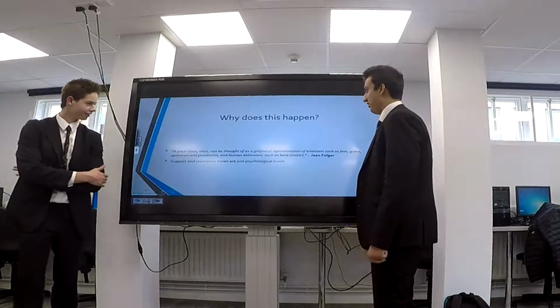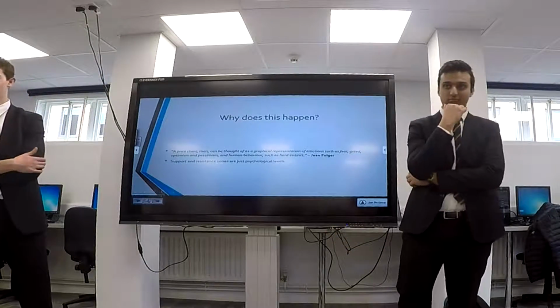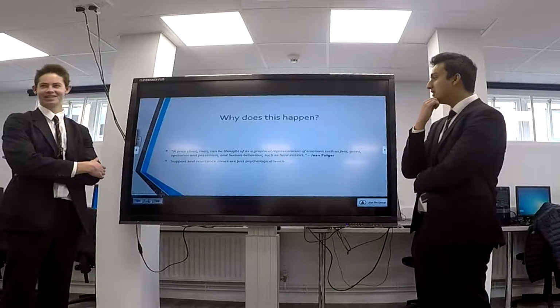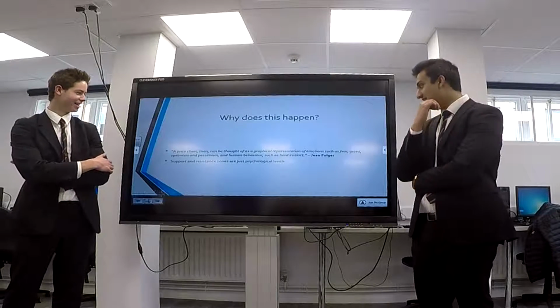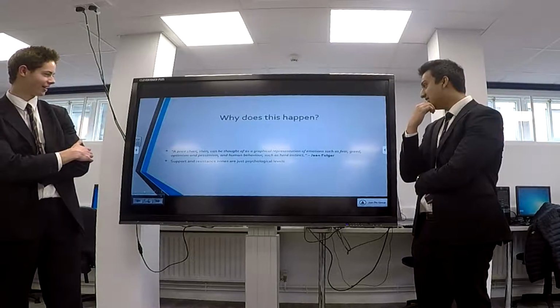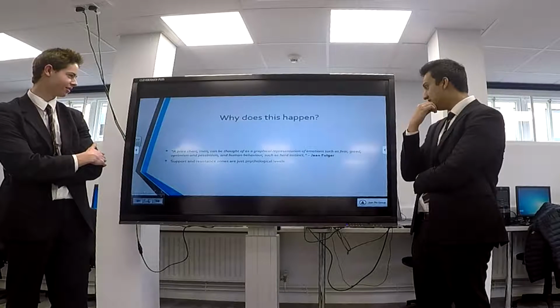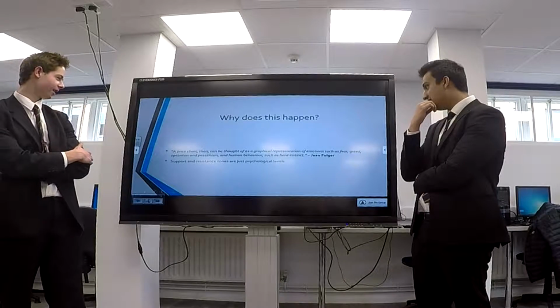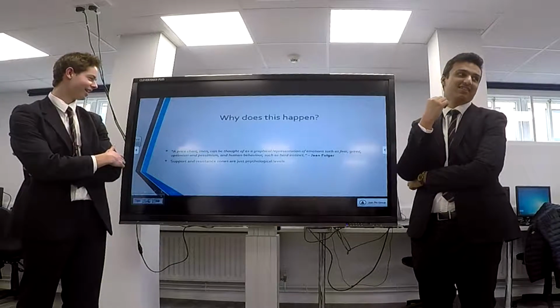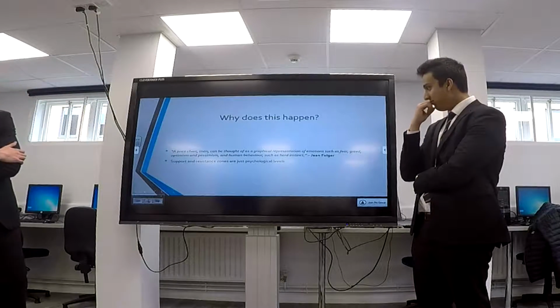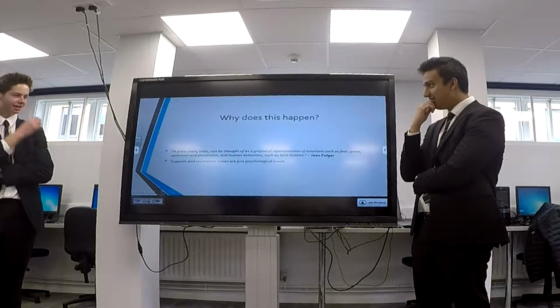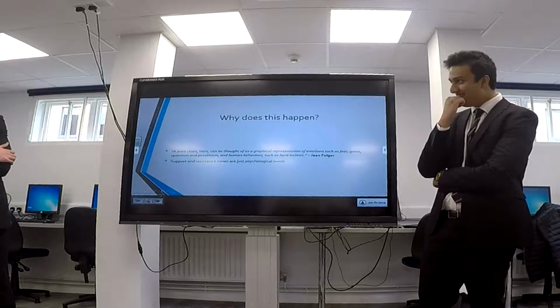So you might be wondering, why does this happen? This is one of my favorite quotes of all time: "The price chart can be thought of as a graphical representation of emotions such as fear, greed, optimism, and pessimism, and human behavior such as herd instinct." That's by Jean Folger, who's actually an economist.